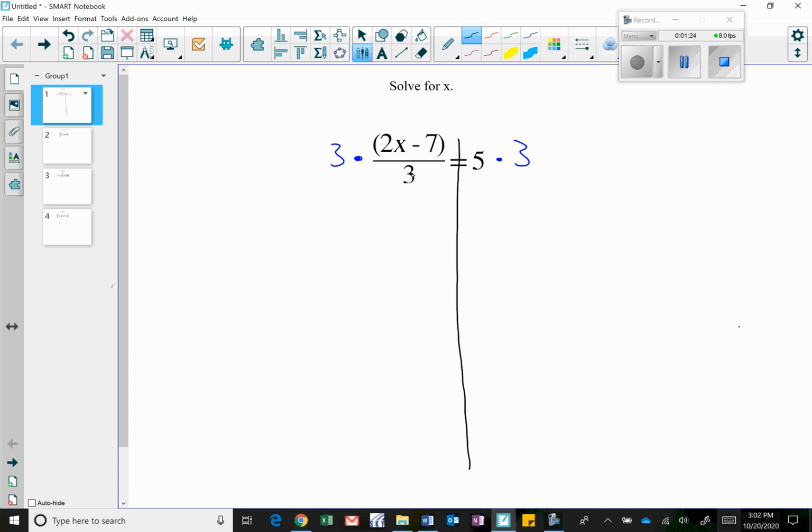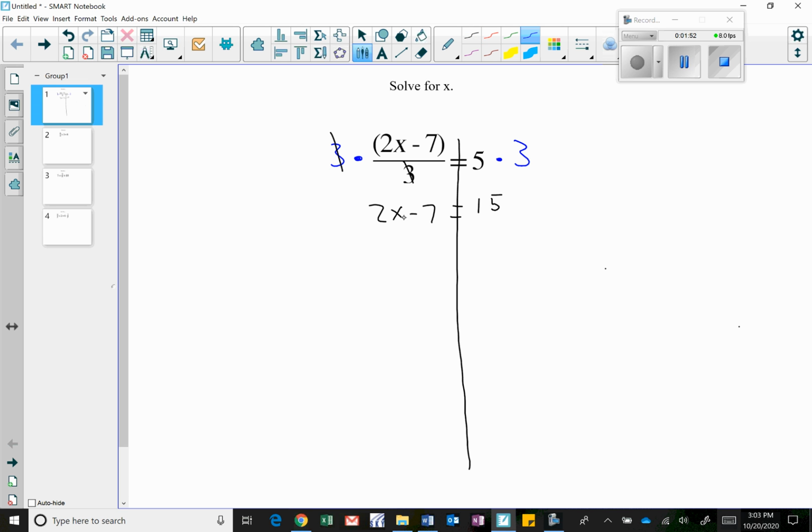But then I'm also dividing by 3, right? Those are inverse operations, so these two actually reduce out. They cancel, as we sometimes say. And that just leaves me with 2x minus 7 equals 5 times 3 is 15.